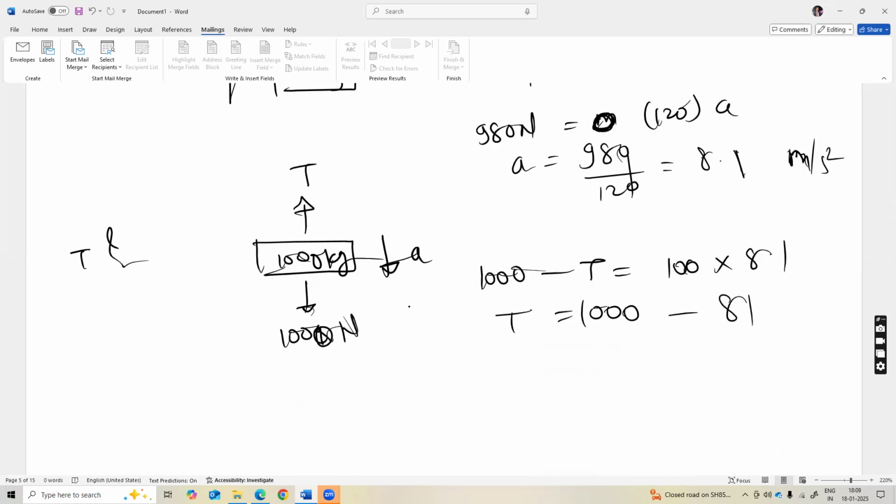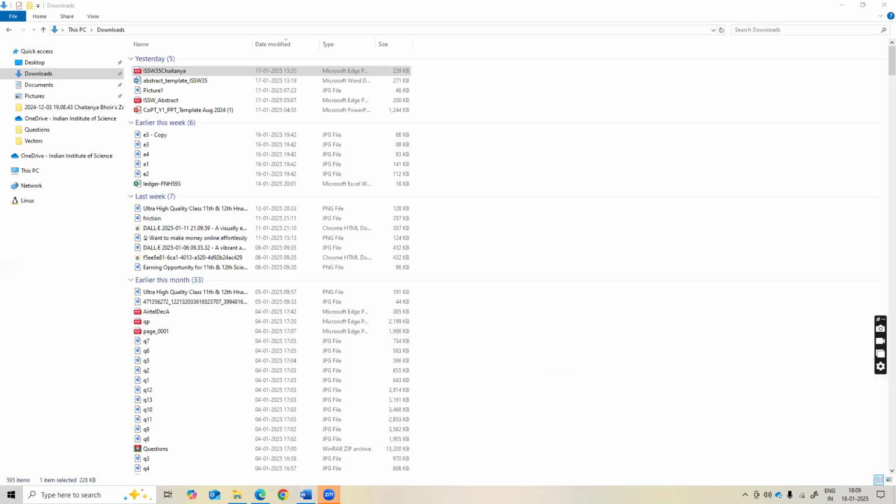Okay, it is 8.1, so 100 times 8.1 is 810. So 1000 minus 810, it should be around 190 Newton. And if you take more digits in this 8.1, it will change slightly. Okay. You got the answer? Is it clear?